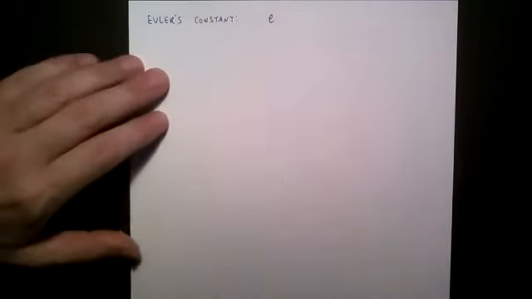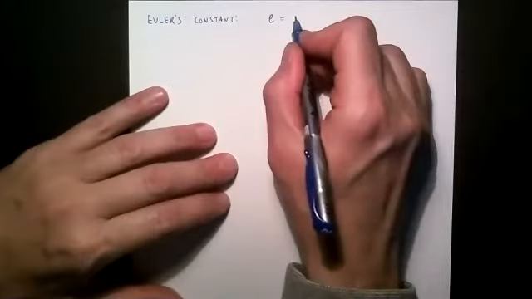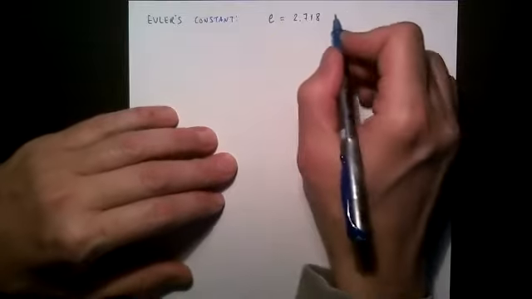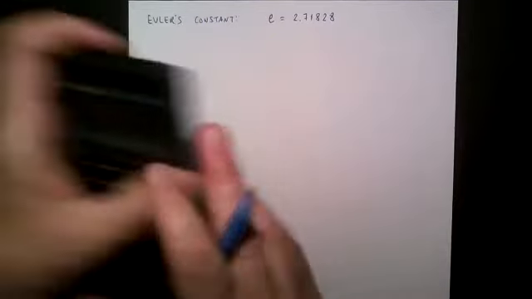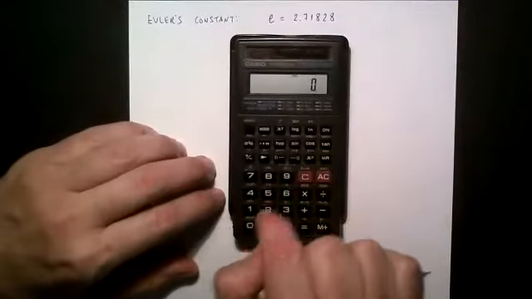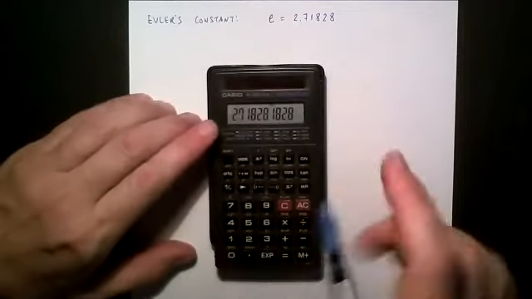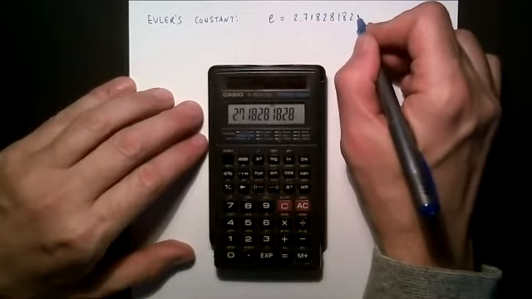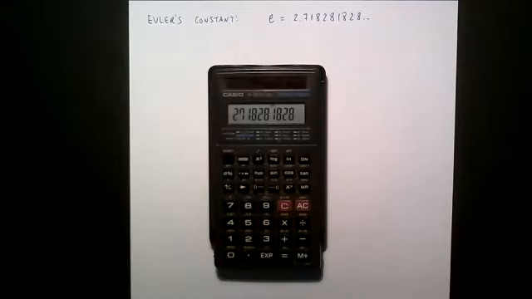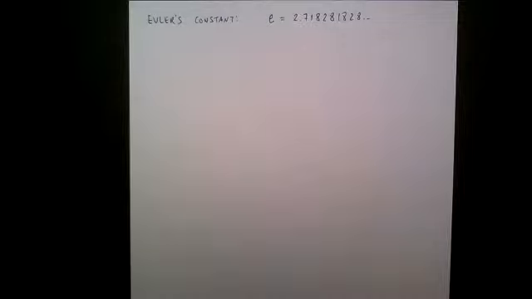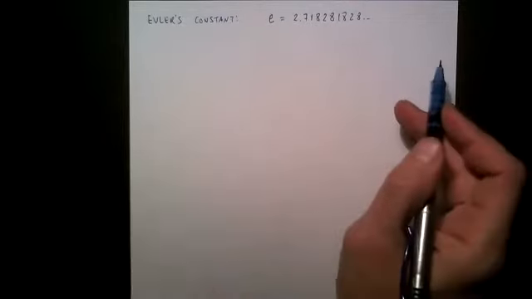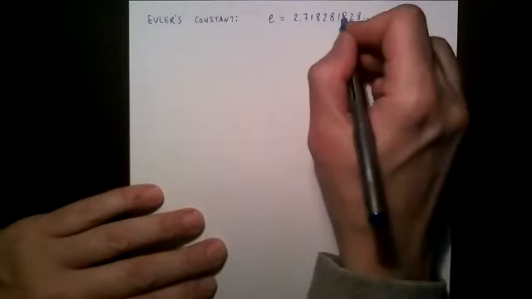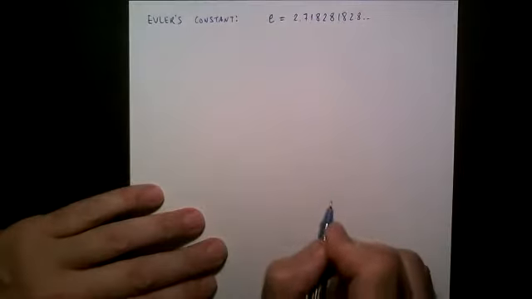It's 2.718281828, and it goes on forever. It's an irrational number, just like pi and square root of 2. It's very practical, you'll see in math. It comes up a lot.